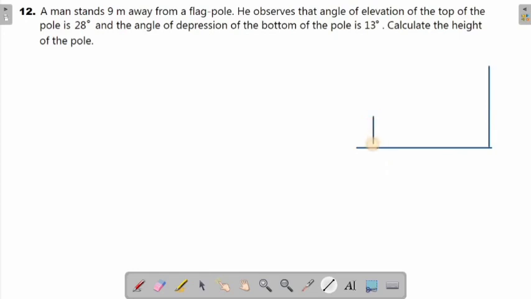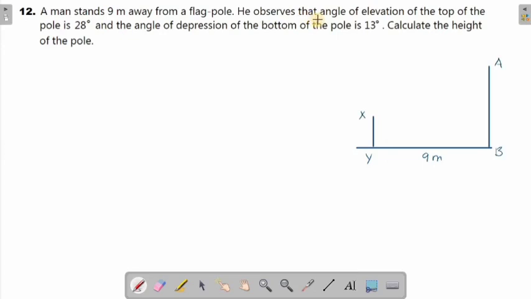Let me label it also. Let me take AB to be the flag post, and let XY be the height of the man, who is standing 9 meters away from the flagpole. So YB is given to be 9 meters here.